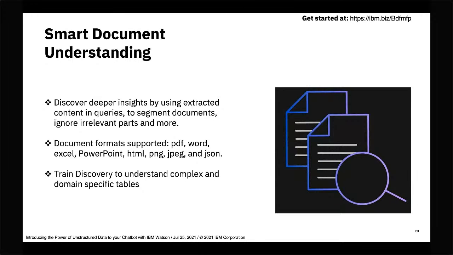SDU models can also be exported and used on other collections. Now in the Lite plan, you have PDF, Word, PowerPoint, Excel, JSON, and HTML formats. In the advanced plans, however, you can also annotate pictures and graphs. Picture formats can be PNG, TIFF, or JPG.